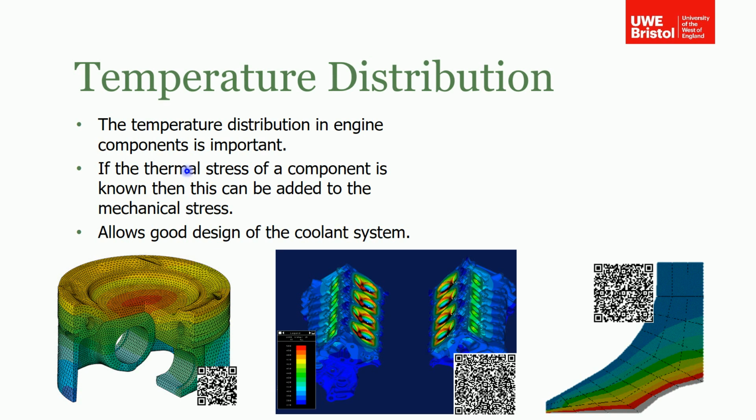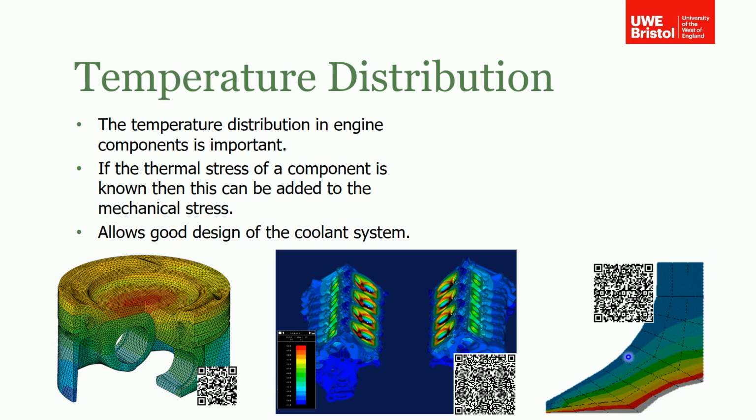And the reason this is important is because where you have quite high temperature gradients, as can be seen in some of the images at the bottom, so in this piston crown you can see it's hot in the middle, getting cool out towards the side, so there's going to be a temperature difference in this component. And this is half of a valve, so you can see it's obviously hot at the bottom and cool on the top, and because it's symmetrical, you've got a line of symmetry here.